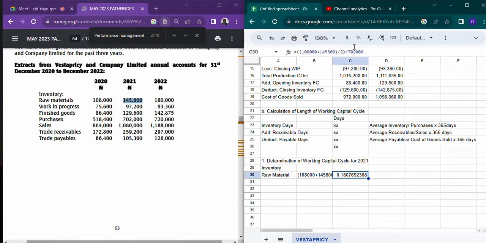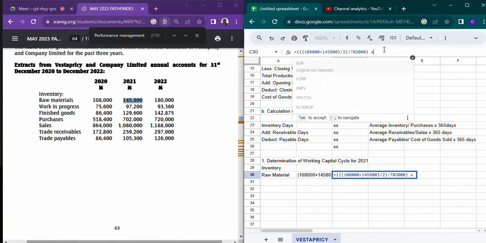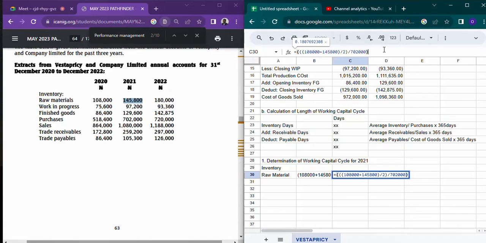And you have 0.18, and then your answer will be multiplied by 365 days. So you have 65.98 days.